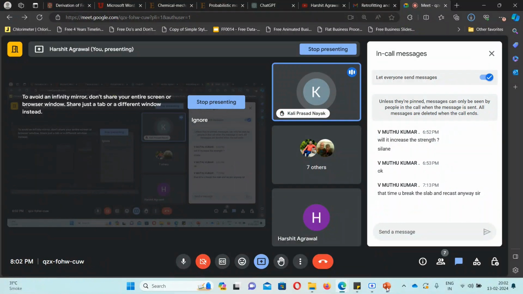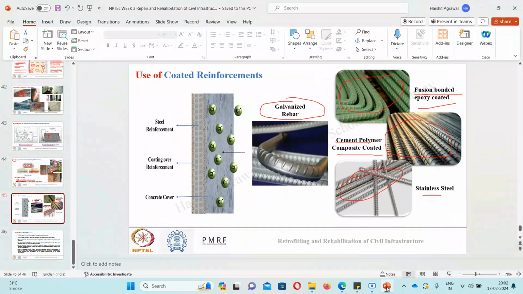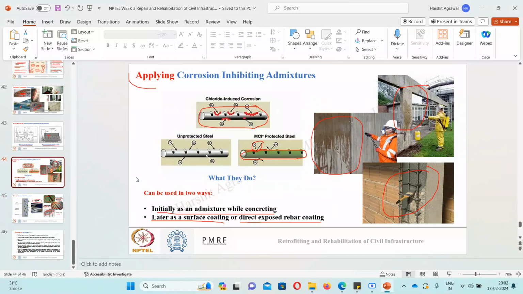Actually, sir, this is a good material suggestion that you have given for corrosion inhibitors. But in old buildings, what is happening? This is another part I am saying. In old buildings, even though we use waterproof treatments, there is still leakage. That is because we are treating the roof surface only.